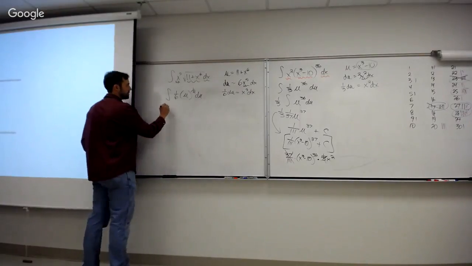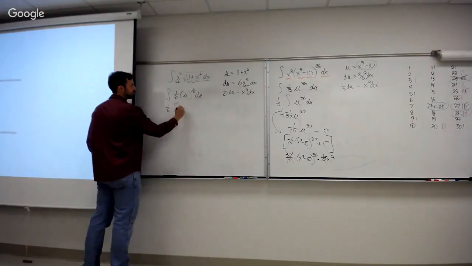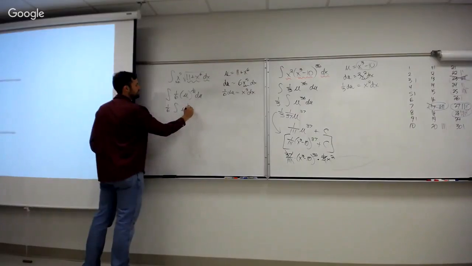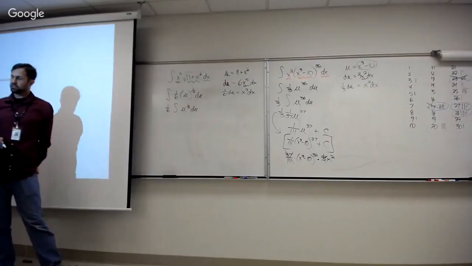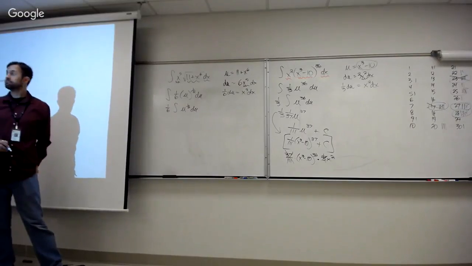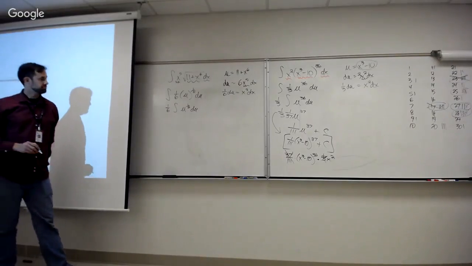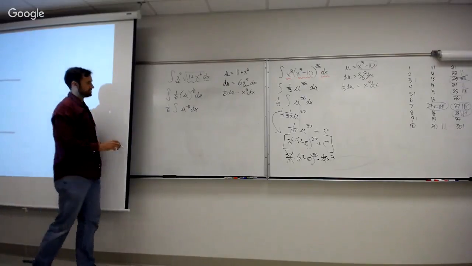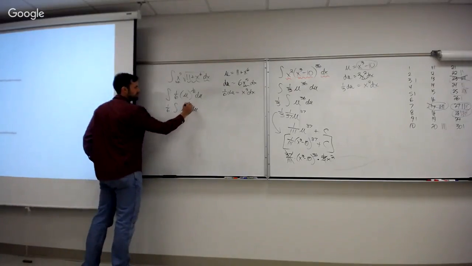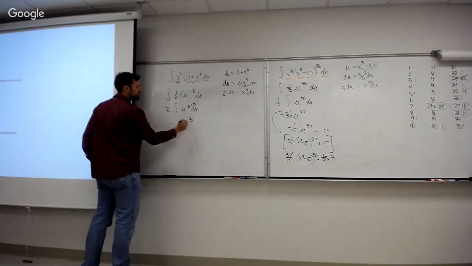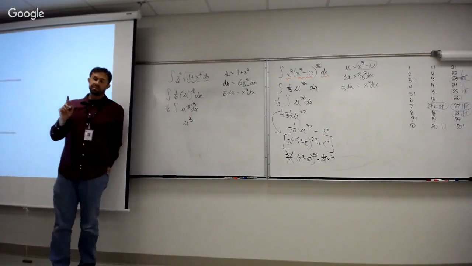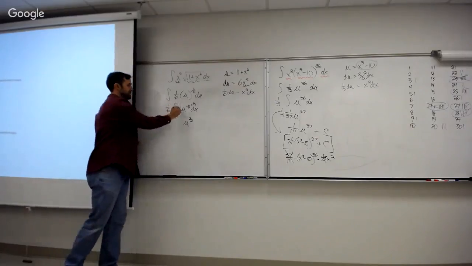And again, you can bring the 1/6 outside the integral, so you're just doing the integral of u to the 1/2, which is just a straightforward anti-power rule. So the anti-power rule, you add 1. So in other words, you add 2 over 2. We get u to the 3/2 divided by, hey, what's 1 divided by 3/2?